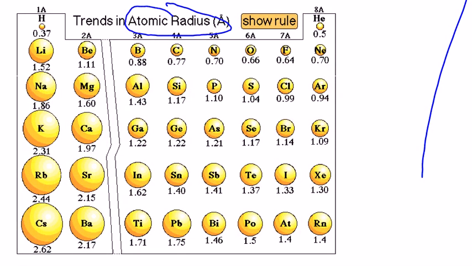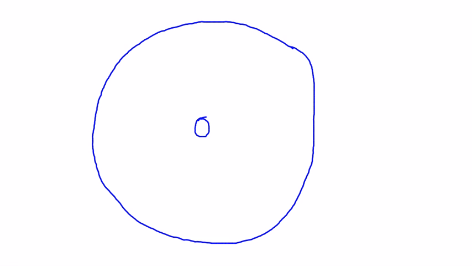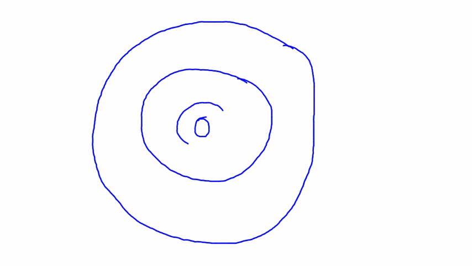First of all, let's just refresh ourselves on the concept of a radius. If you can imagine that I have an atom, and I've got the nucleus in the center, protons and neutrons, and then I have the shell or shells. Maybe I have 2 shells or 3 shells of electrons around the nucleus.